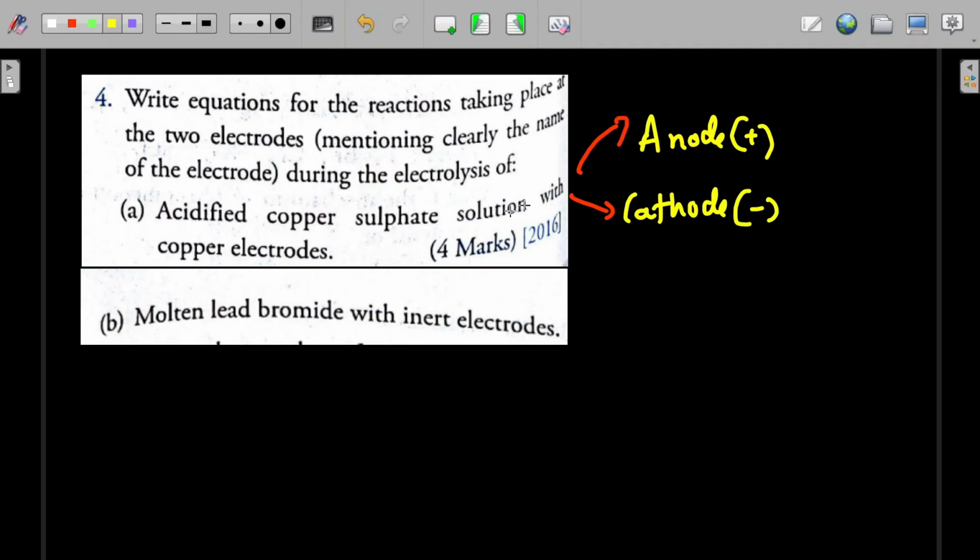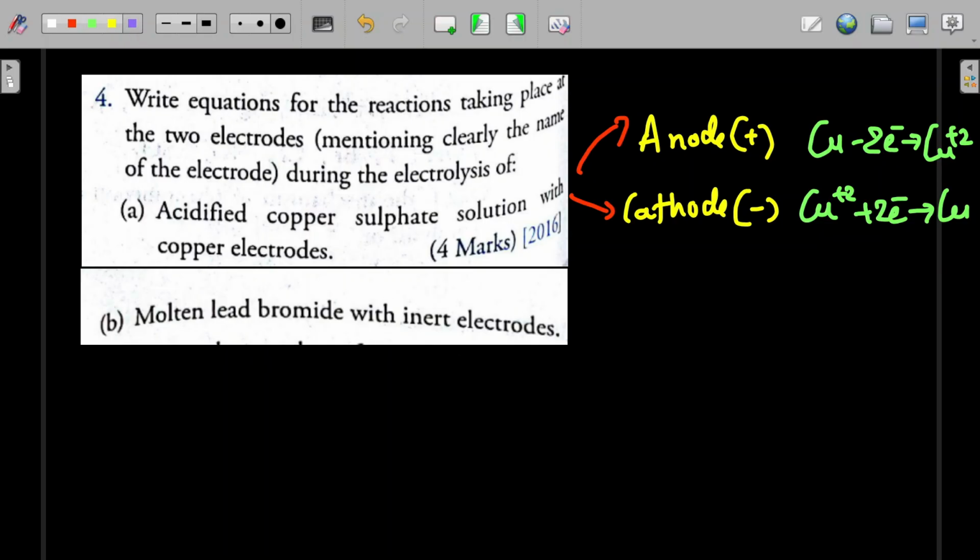So we are taking copper sulfate with copper electrodes. Copper electrode is an active electrode. So at the anode it will be Cu minus 2 electrons gives Cu2+. Right. And then at the cathode it will be Cu2+ plus 2 electrons gives Cu, and the whole thing times 2. Correct. Very good. Okay.